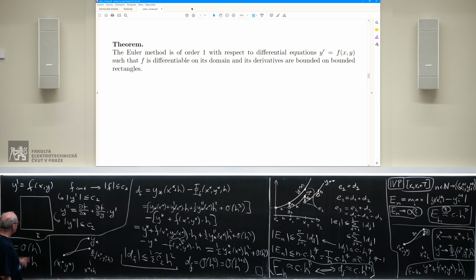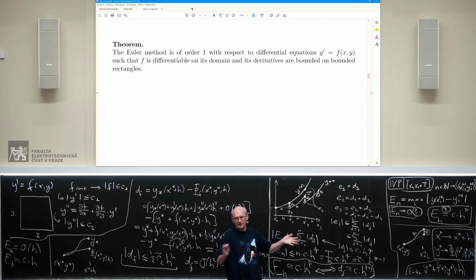Before we move on, we just proved that for the Euler method, the global error can be, for a specific differential equation, approximated by c times h. What does it mean? Well, it means that if h goes to 0, then the global error goes to 0 as well. In other words, once we determine that a numerical method for solving initial value problems has a specific order which is positive, and we don't care about other orders, order is always positive here.